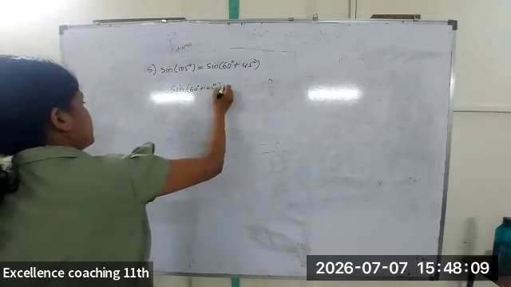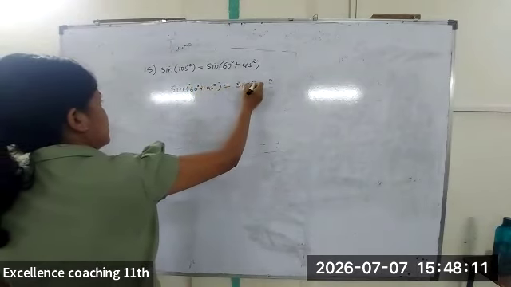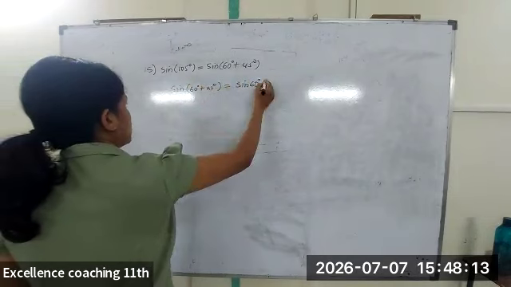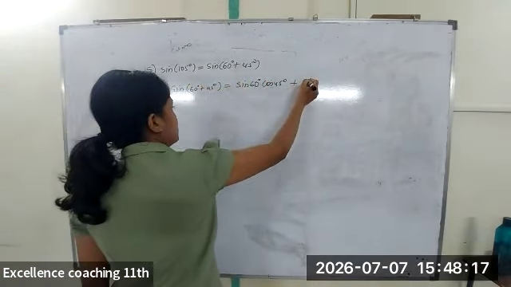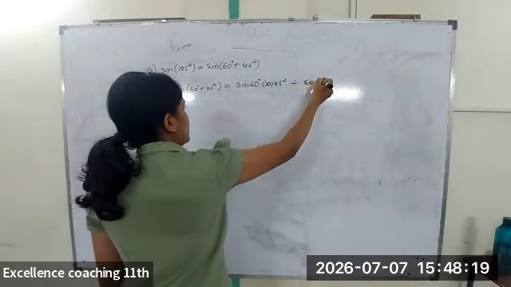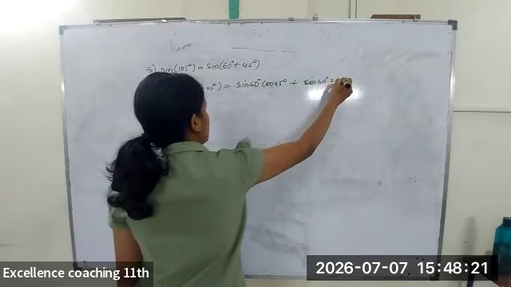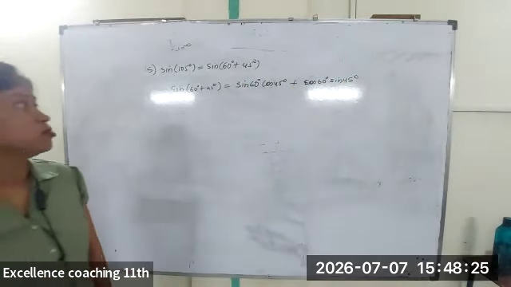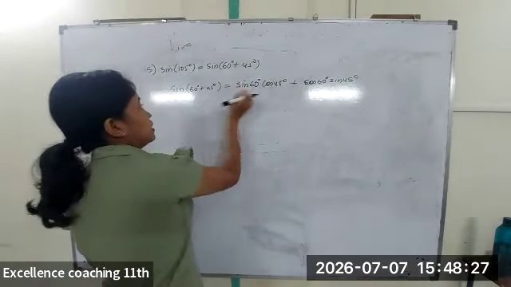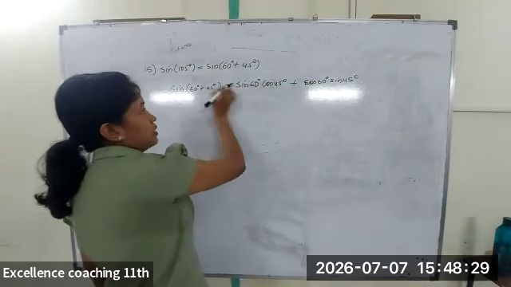sin(A+B). For the sign, you will need the help of the boss. Sun is obedient, he'll follow the same sign. The order will not change. 60 will be first, 45 will be next here.